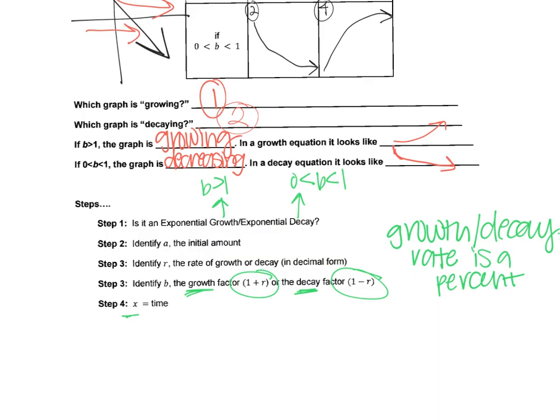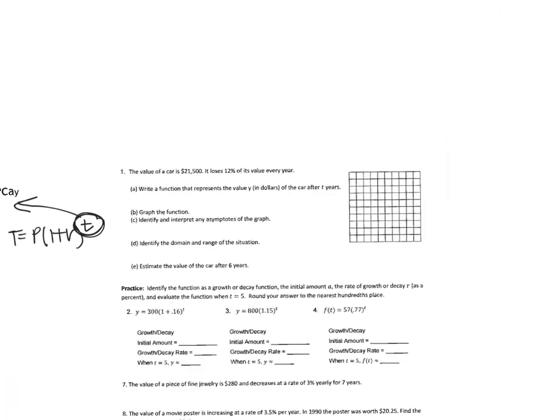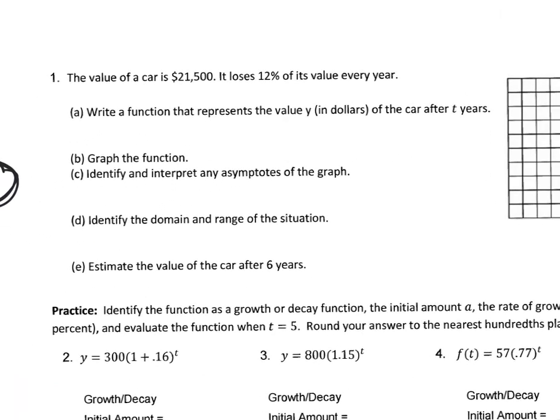So let's look at number 1 and see if we can go through these steps to figure this one out. It says the value of a car is $21,500. It loses 12% of its value every year. Well, this word loses already tells me that it's going to be going down. It's going to be a decay. This is A. It's the amount I put in, right?